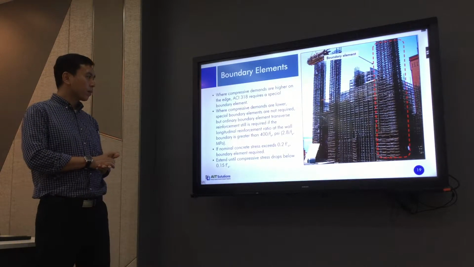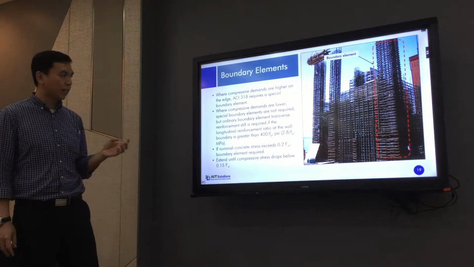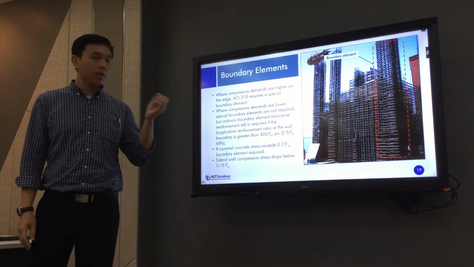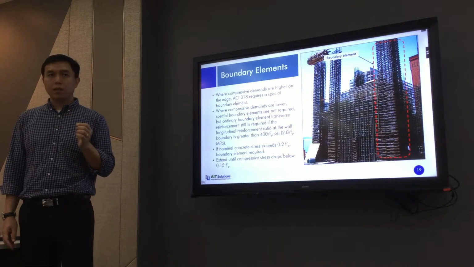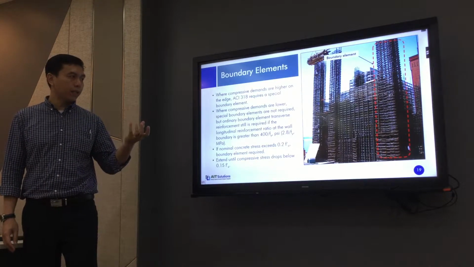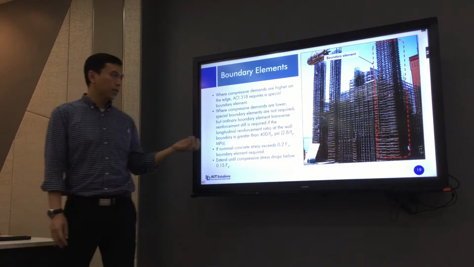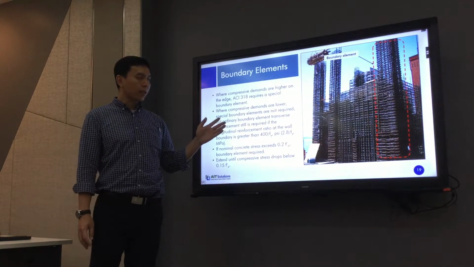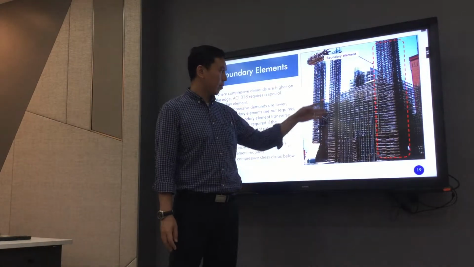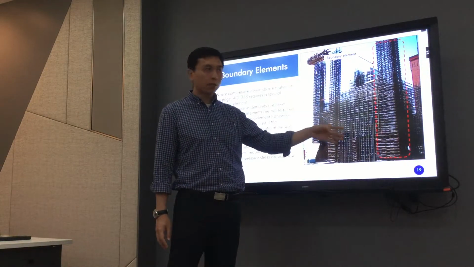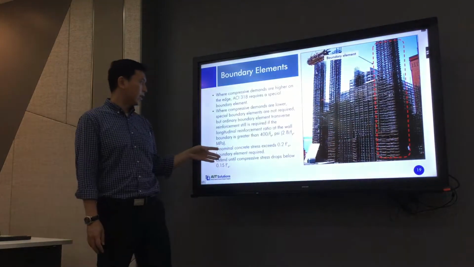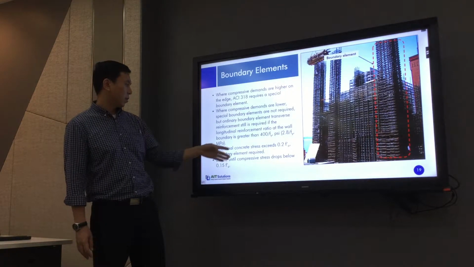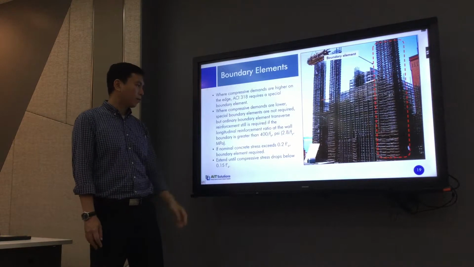So we have to check the compressive stresses in the shear wall from the finite element model. You analyze the building and then you have to see the compressive stresses and check from your shell stresses whether that stress is more than 0.2 f'c or not.